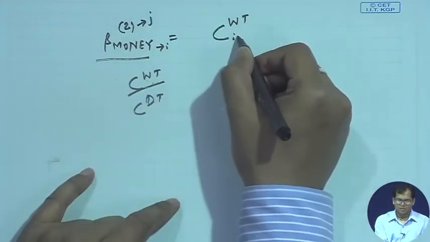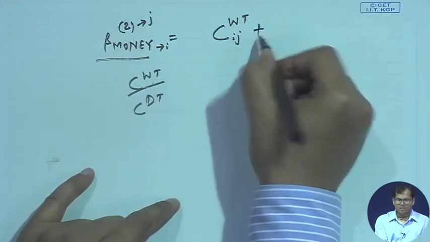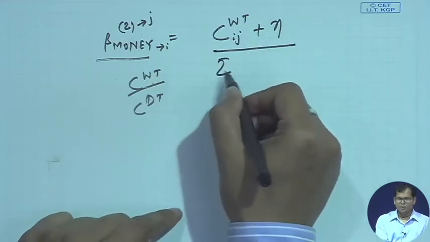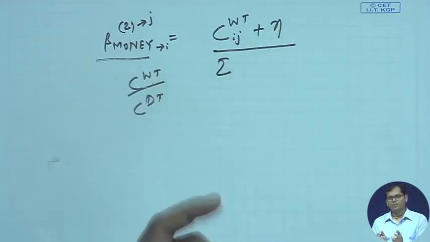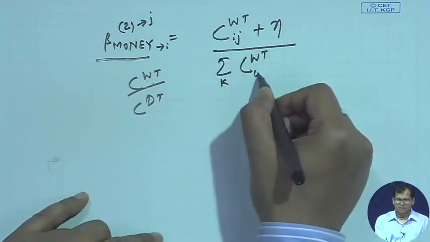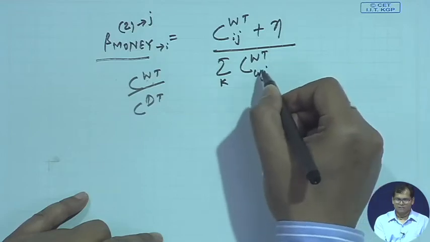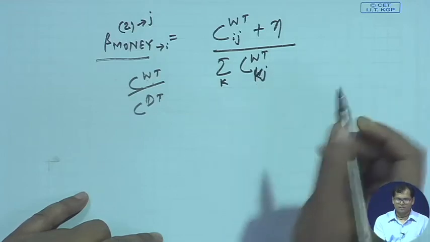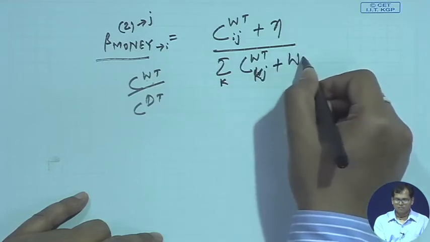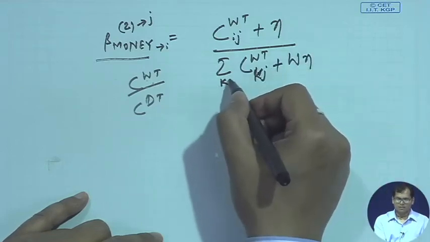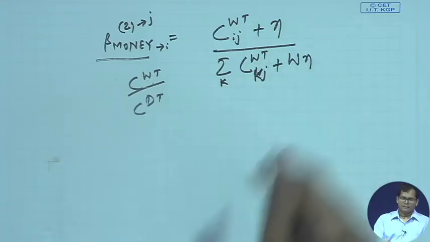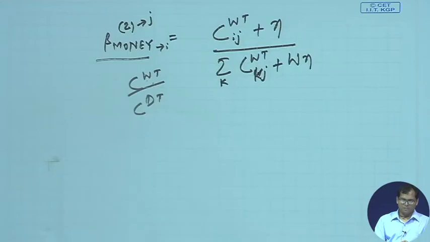So this is C WT IJ plus the hyperparameter eta, divided by the summation over all the different words assigned to this topic, summation over k of C WT kj, for all k, plus W times eta. This summation is for all W, and that's why you have W eta here. That's how you estimate this parameter beta money 2.